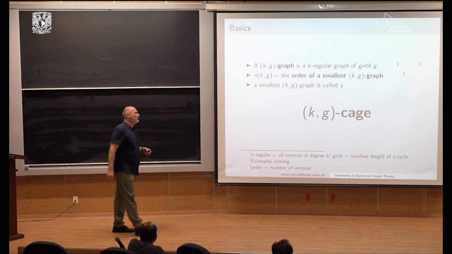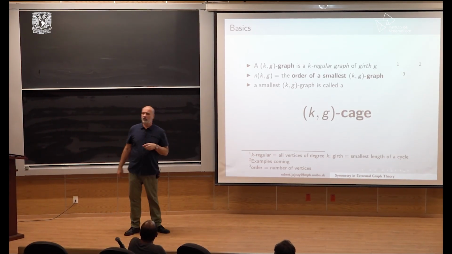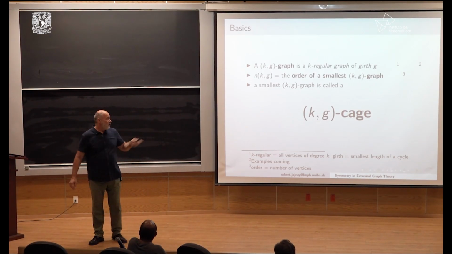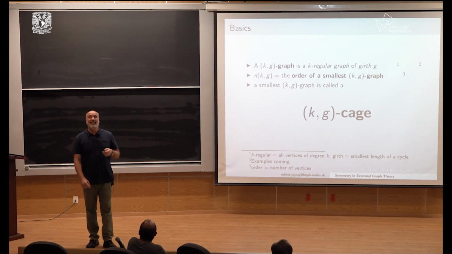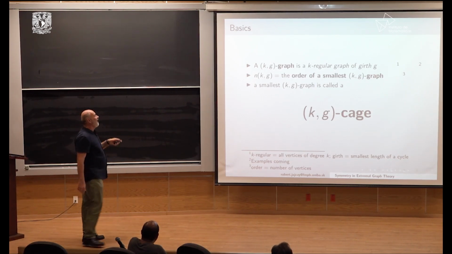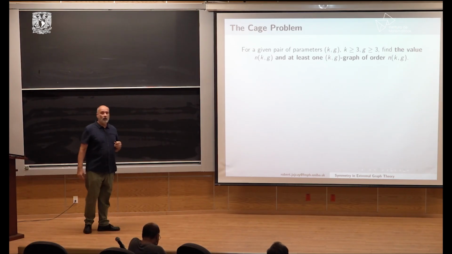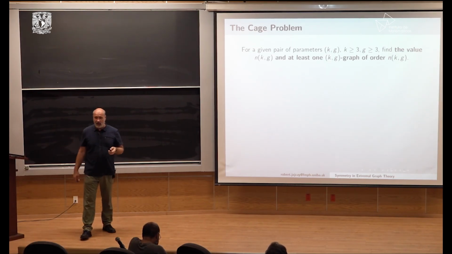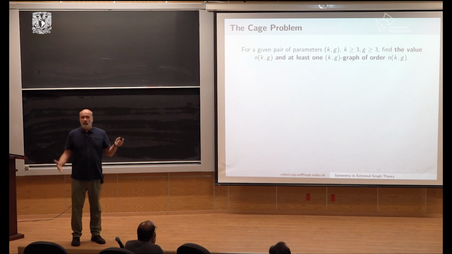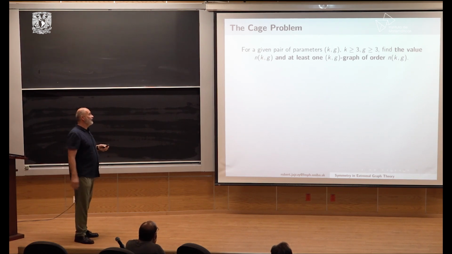I was told by people who still remember the beginnings that the word cage was a joke on the (k,g), so it's a (k,g)-cage, okay? All right. So what is a cage and what's the cage problem? Well, that's basically what I stated.